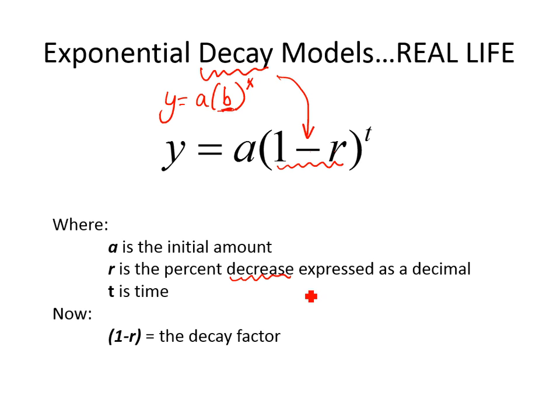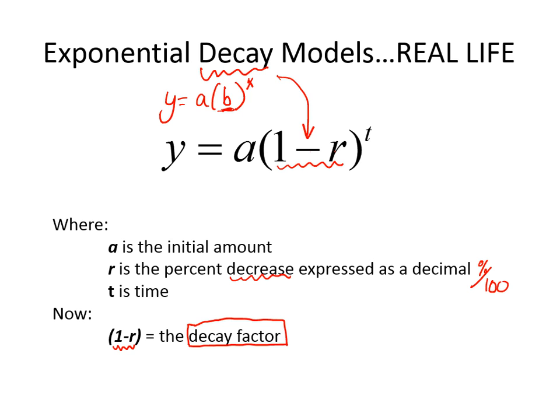Those are the words you're looking for when we are doing real world examples. And that's expressed by decimal as well, dividing that by 100 again. I know I reiterate that, but that's where a lot of people make a mistake, so that's why I say that. T is time, and so then again, 1 minus R is your decay factor. All together, once you find that together, that would be called your decay factor.